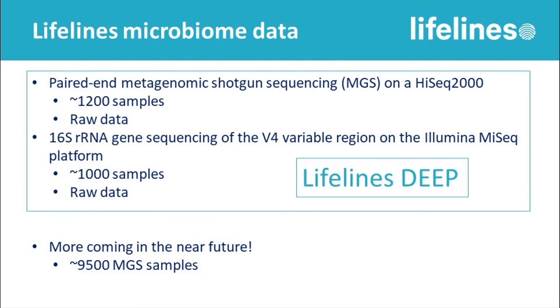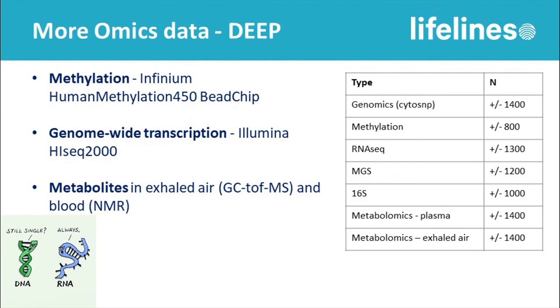The first microbiome study was performed by researchers from the additional study called DEEP. It is called DEEP since many analyses were performed on samples from this DEEP cohort, thus on the participants that participated in this study. The DEEP samples were genotyped using the cytosnip array, so SNPs are available.